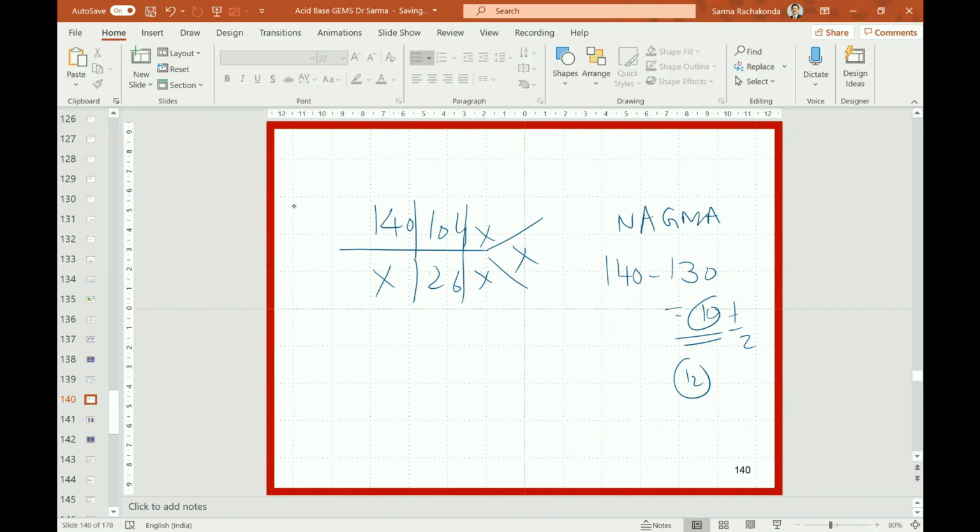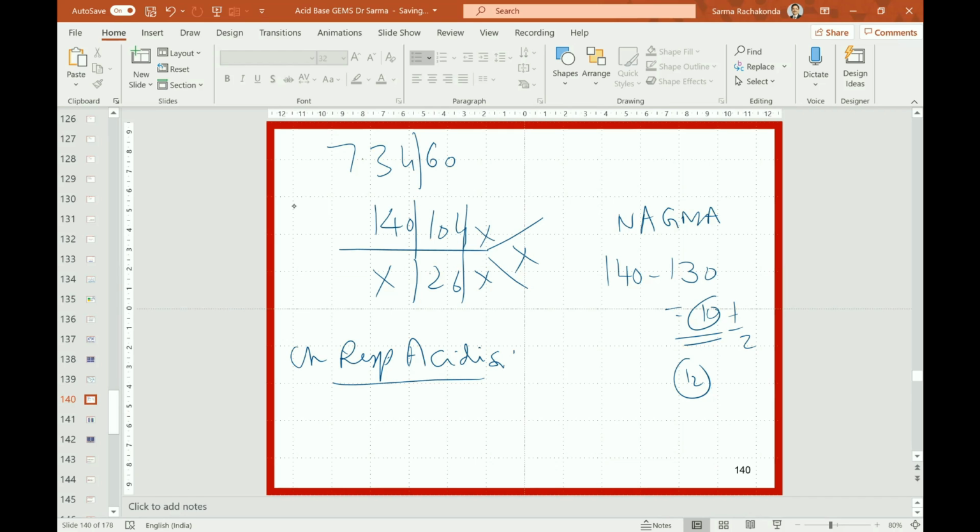So what does the patient have? First of all, he had acidosis because the pH was 7.34. And then the PCO2 is higher, so he has respiratory acidosis. When we worked out the compensation, it is for every 10 units 0.04 and not 0.08, so it is chronic respiratory acidosis.